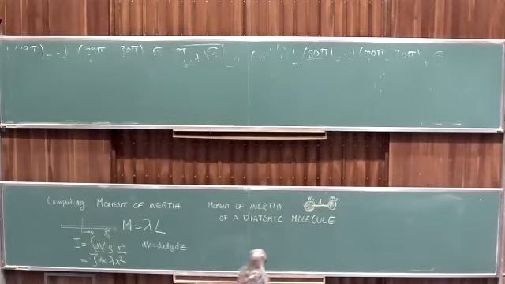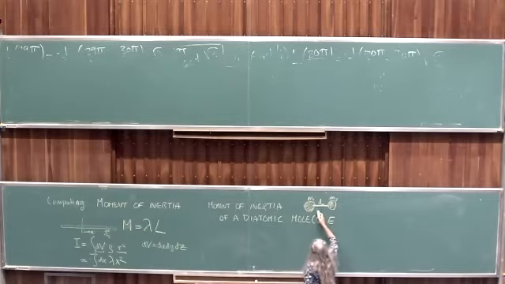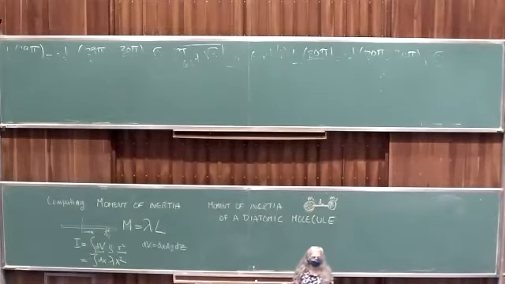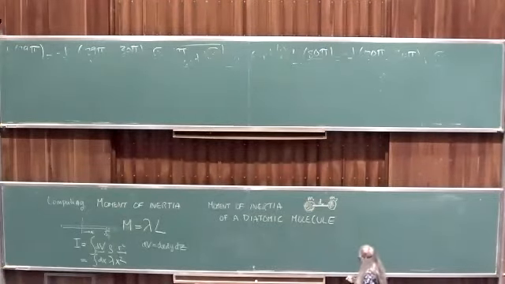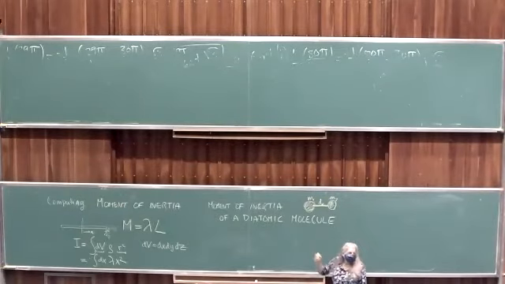But it could be rotating, and if it's a free molecule, then you can describe the motion as a drift in the center of mass plus a rotation. So the interesting axis to compute the moment of inertia about is the center of mass, if it's a free molecule floating through space.